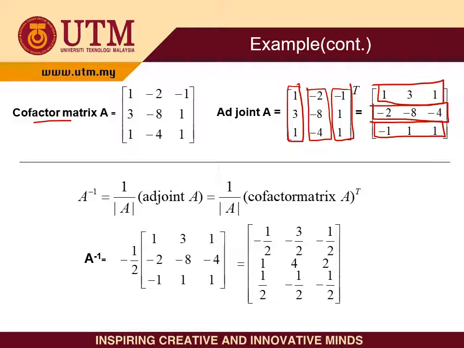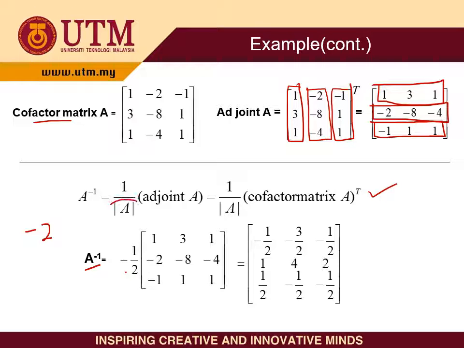Okay, and the last step is to use this equation. For A inverse, we have 1 over the determinant. Where do we get this value? We get this value from the first slide, where we calculated the determinant, which is -2. You can go back to the first slide of this example, where we calculate the determinants and we find the value of -2.